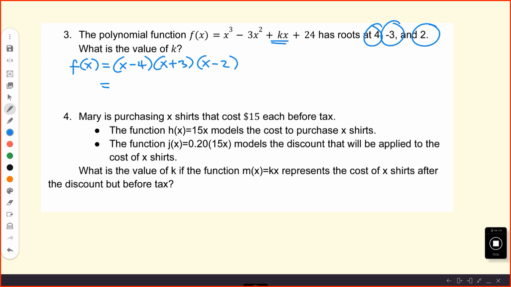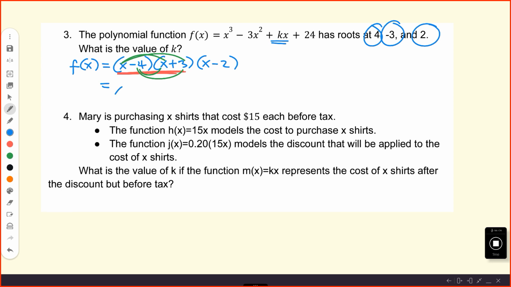We can multiply the first 2 or we can multiply the last 2. It's up to you. It's going to give you the same equation anyway, right? So let's say we're going to multiply these. We can do the FOIL method: x times x, x times 3, -4 times x, then -4 times 3.